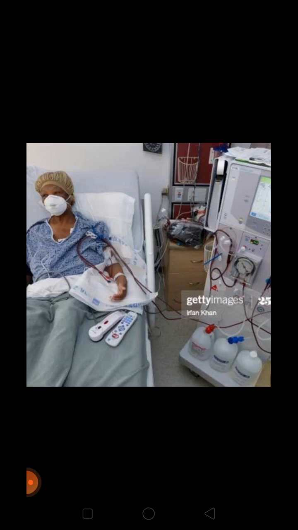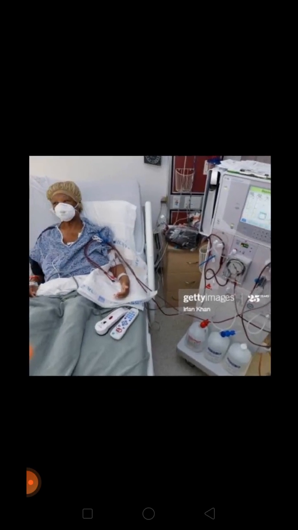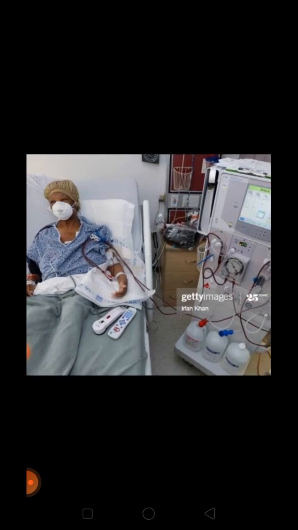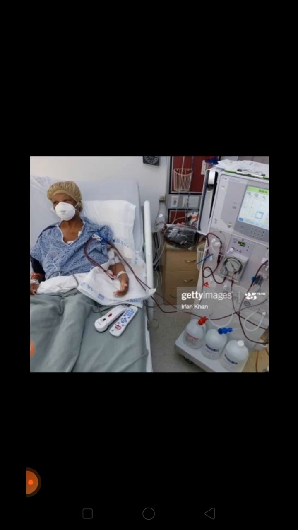The blood is removed from the body with the help of this pipe in the machine, it gets filtered, and then it is returned to the person. This is called dialysis, or cleaning of blood with the help of a machine. It is artificial dialysis.